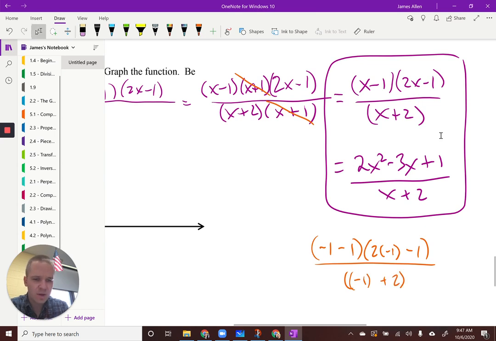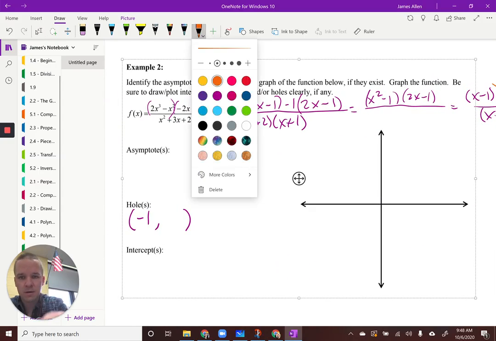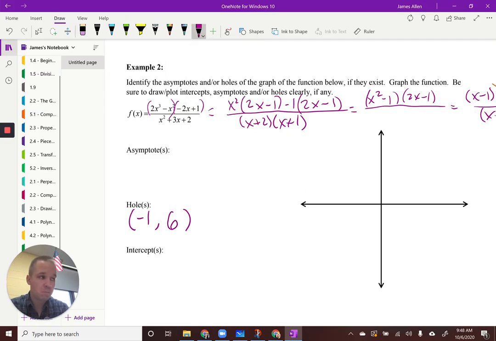If I evaluate that, this one right here is negative 2, minus 1 is negative 3, and down here I have 1. So I have negative 2 times negative 3 is 6 over 1. So it looks like 6 would be my y coordinate. So pop back over here. 6 is my y coordinate. Lovely. Fantastic.